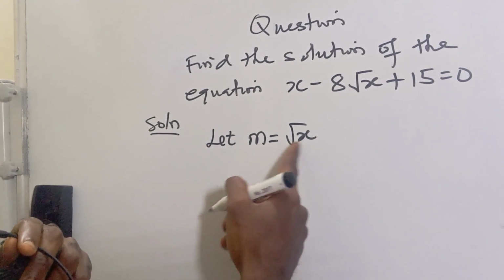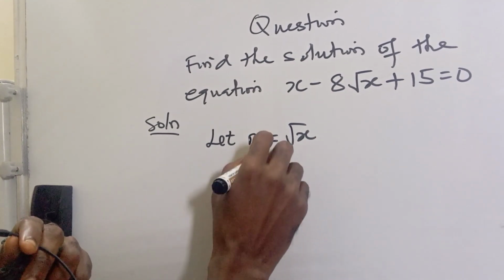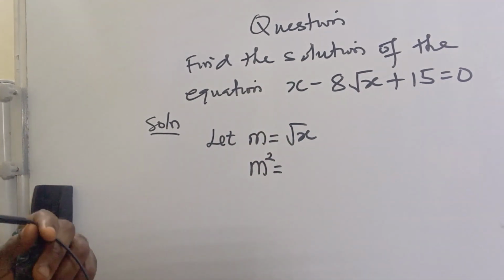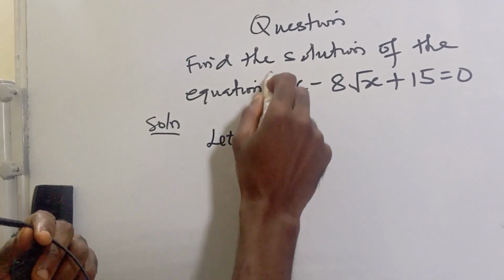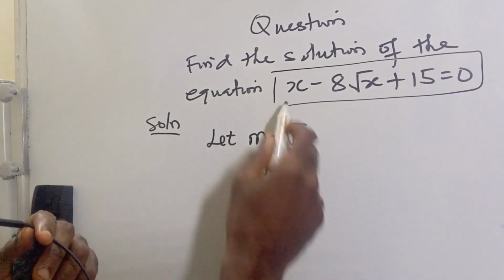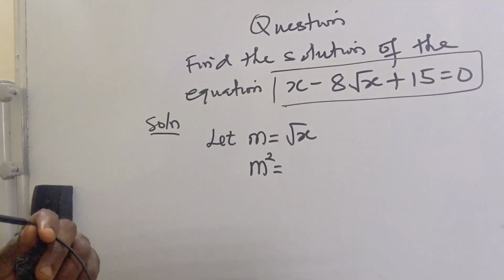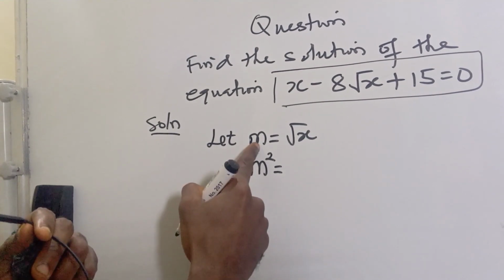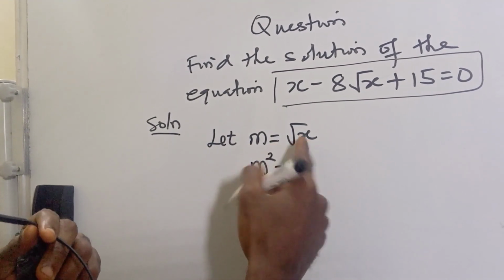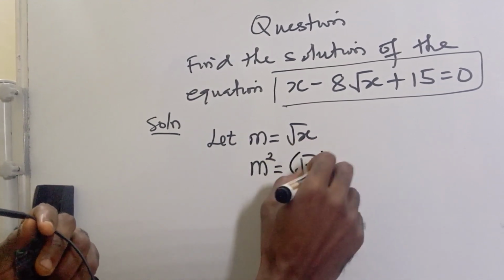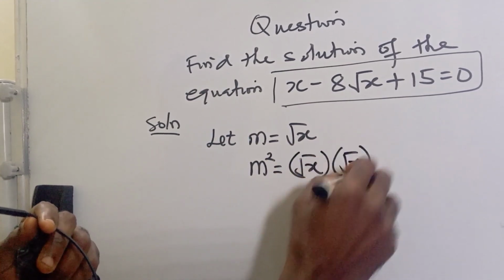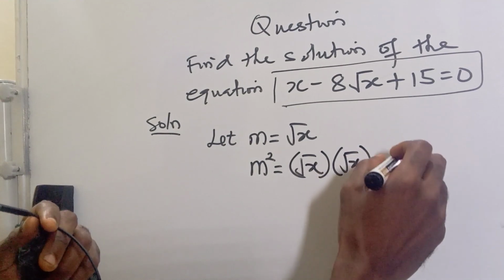If m is root x, then what will be m squared? Because in your quadratic equation, you want to have a square. So we want to transform all this such that we have a square here. If m is equal to root x, m squared means root x multiplied by root x, and that will give us x.